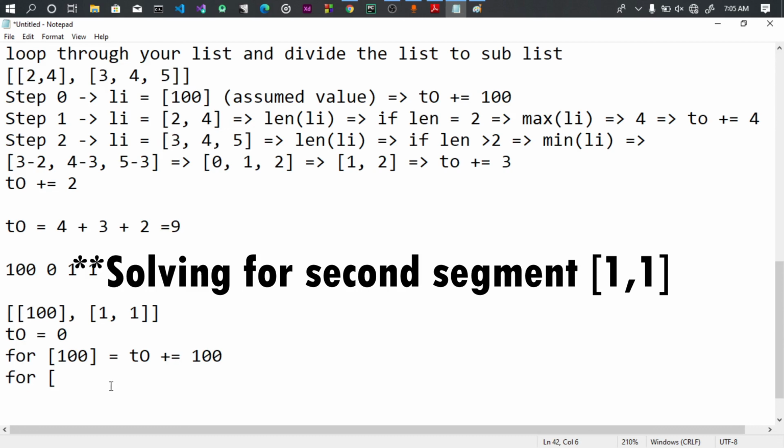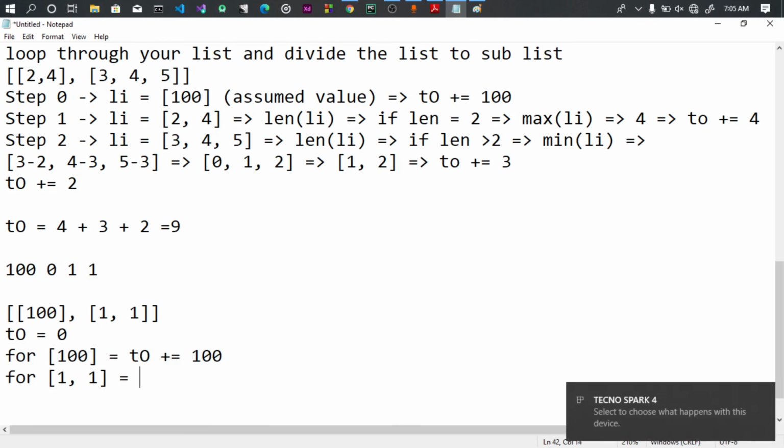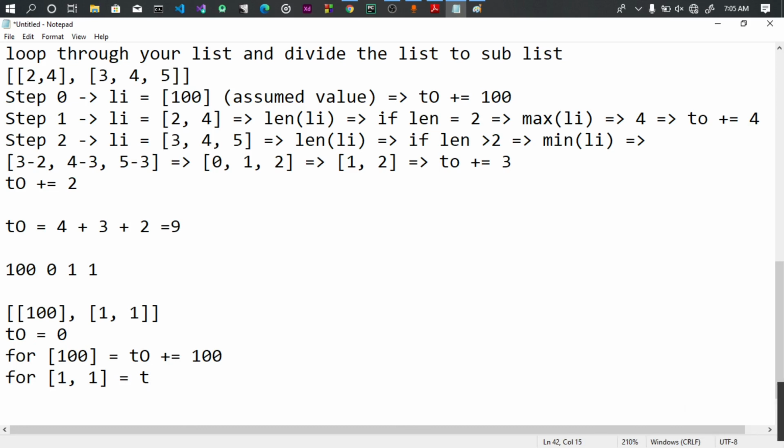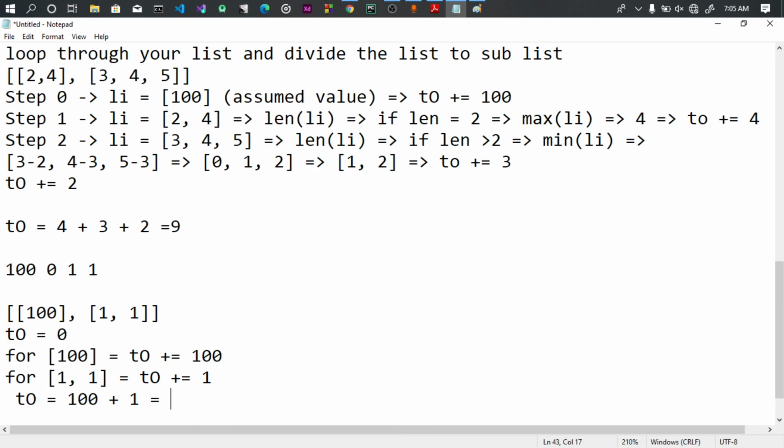So we find that the condition for step 1 is met, and what we're going to have is first 1 and 1, and what our step 1 would return to us will be total plus equal to 1, since we have that our maximum is going to be 1 in this situation, and so our total operations is equal to 100 plus 1, which is going to be 101.